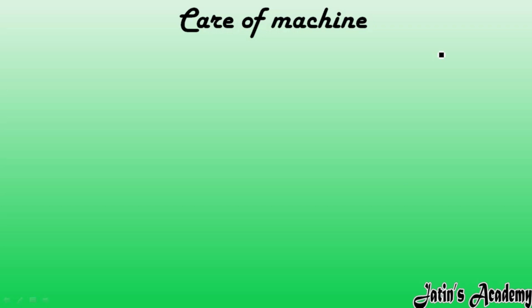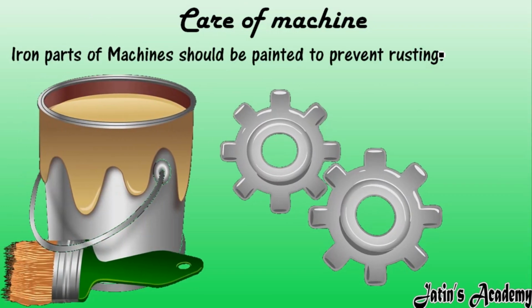So here we are going to discuss some points on how to take care of your machines. First, iron parts of a machine should be painted to prevent rusting. In any machine, if any iron part is there, that iron part should be painted frequently so that the iron is prevented from rusting. So what do we mean by rusting?